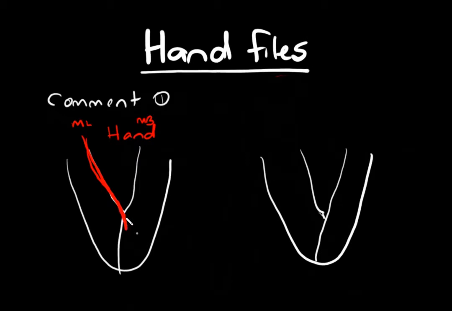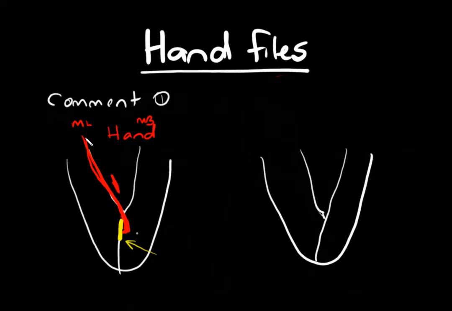It'll deviate into the wall of the root and create a ledge there, which is very difficult to then bypass to get back into the canal, simply because as you hit this and you use the filing motion, which is up and down, you find that a lot of dentine will get forced. I'll draw the dentine in yellow. The dentine actually starts to clog up the actual major canal here. So you get this filled with a dentine plug, which is virtually impossible to bypass.